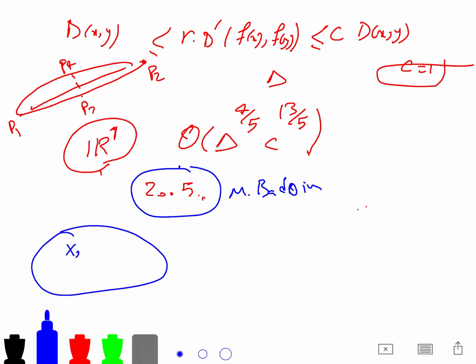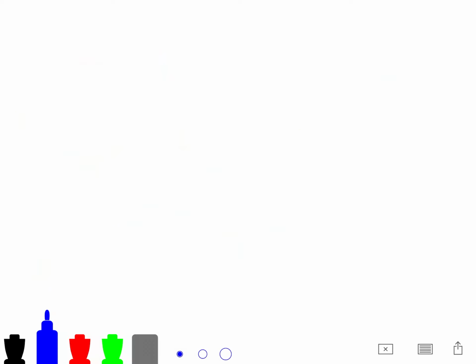So we want to embed X and D into R. The approximation algorithm for low distortion embeddings into low dimensional spaces: metric embedding in ML started from the multidimensional scaling literature.